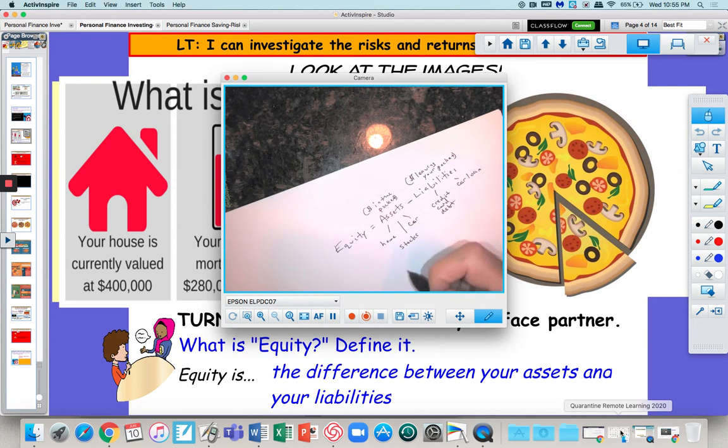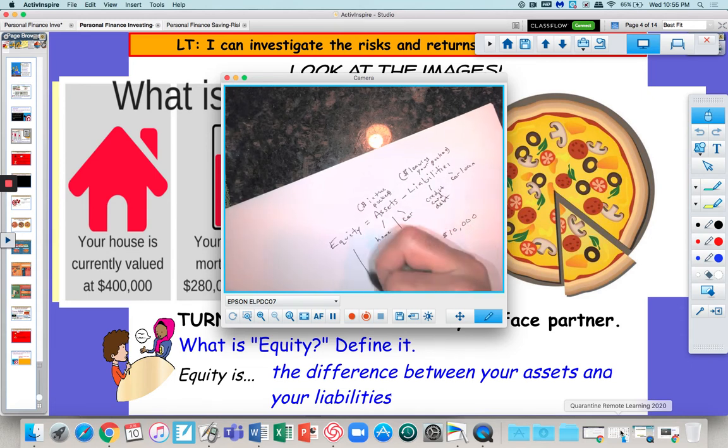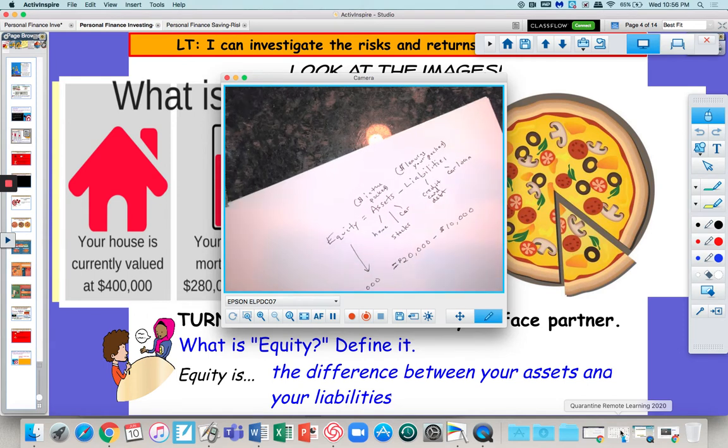So if let's say in assets you had, we'll go with $20,000, but you have $10,000 in credit card debt and student loan debt, then your equity, 20,000 minus 10,000, your equity would be 10,000, which is good because you're still in the positive, right?